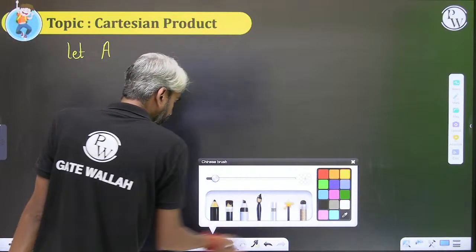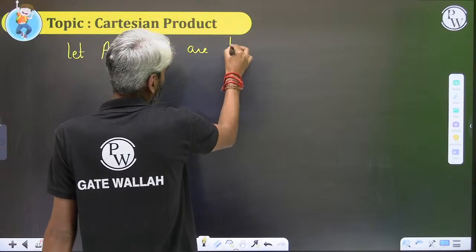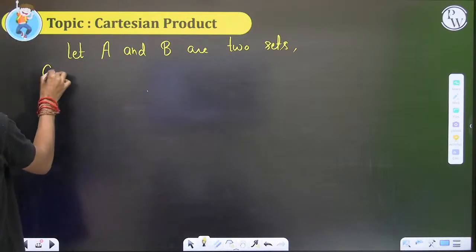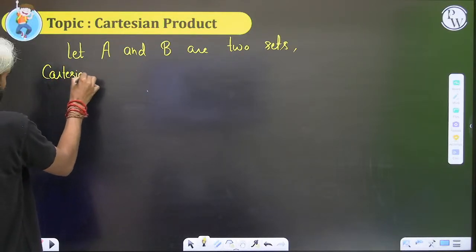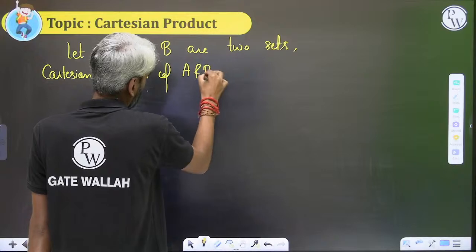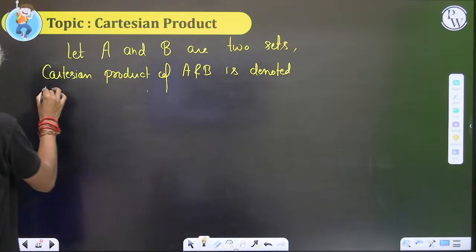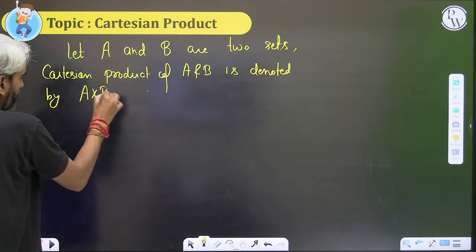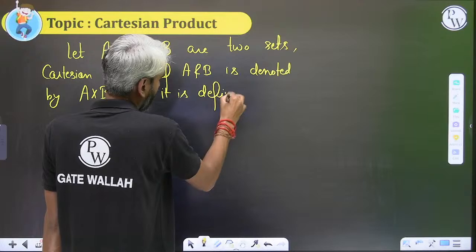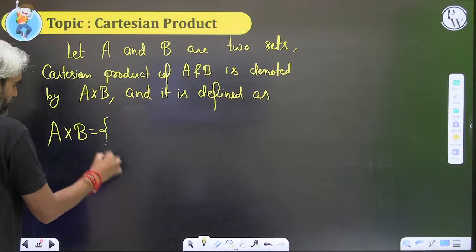So let A and B be two sets. The Cartesian product of A and B is denoted by A cross B, and it is defined as, this is very important, a set.